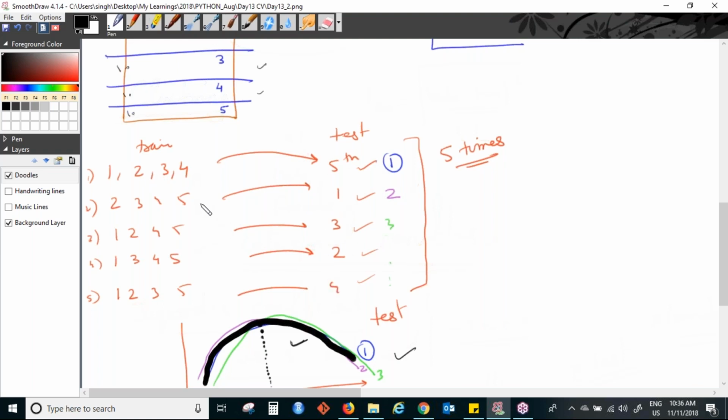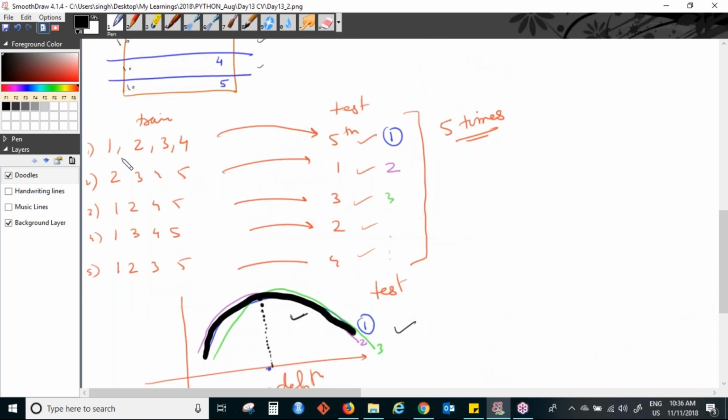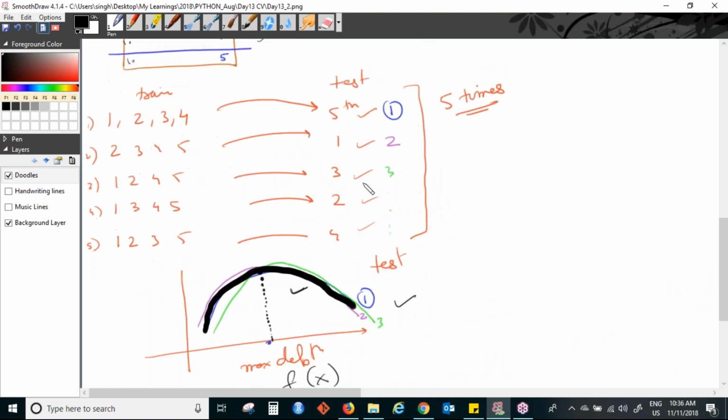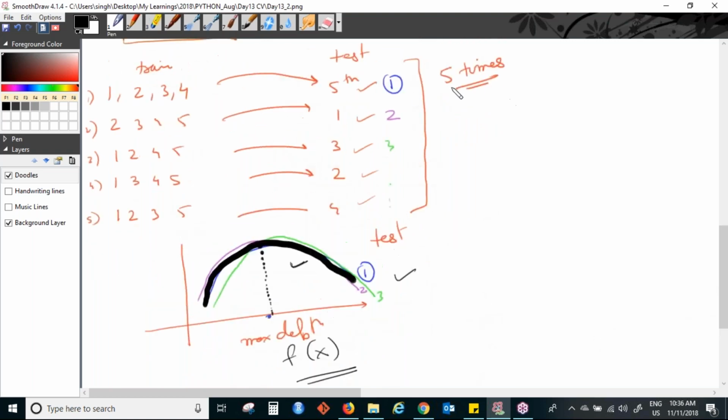So finally you will have a model which is being built on all the parts, and you will also have a model which is being tested on all the parts. You will build a total of 5 models, and for each of the 5 models, you will have a plot like this, which will give you the value of max depth.